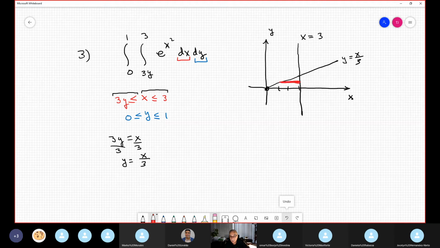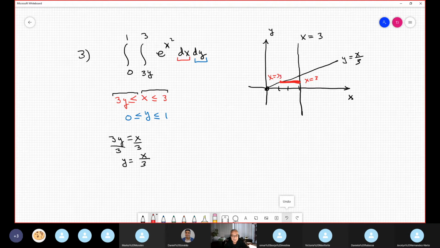How do you know? Because it's dx. The elementary infinitesimal area that you stretch, remember this is elastic, was in the horizontal direction. So this is x equals something, and this is x equals something. It's obvious that one is 3 and the other is 3y.